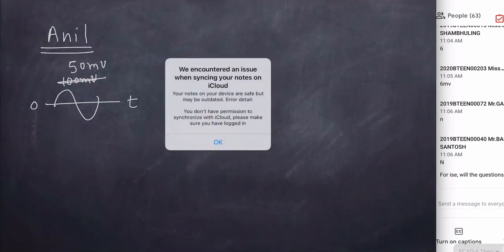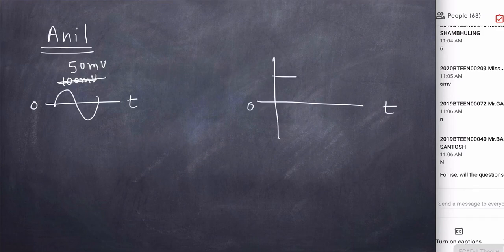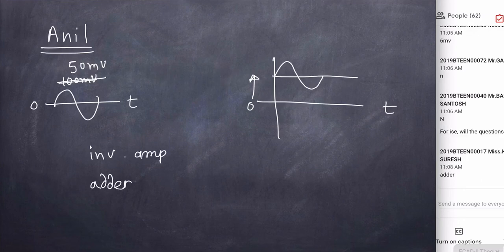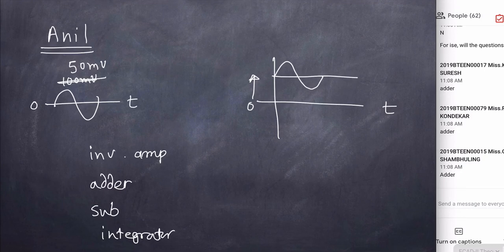Okay. Now he wants to get a signal which is shifted version. ऐसा चाहिए उसको, शिफ्ट चाहिए उसको. तो वो क्या यूज़ करें? Options are inverting amplifier, adder, subtractor, integrator. तो एडर का आंसर सही है.